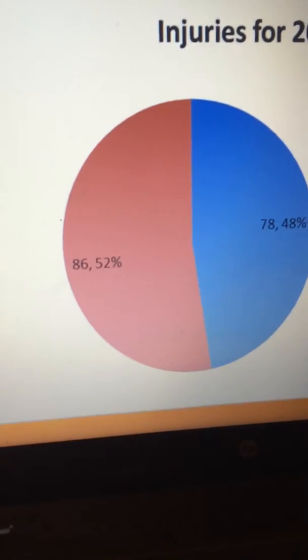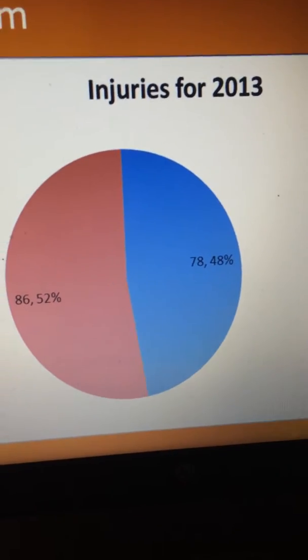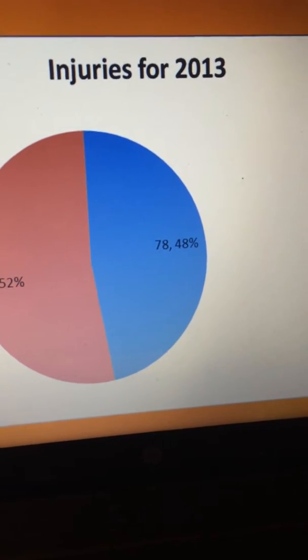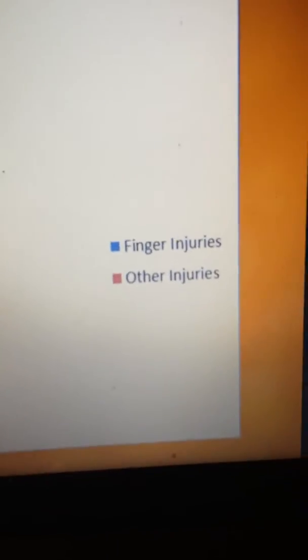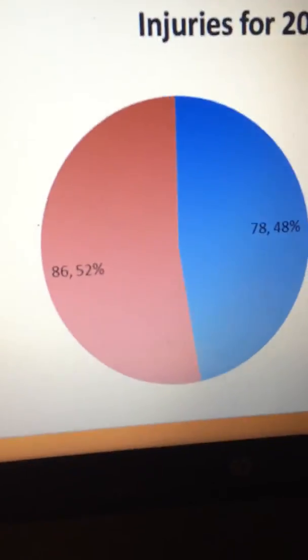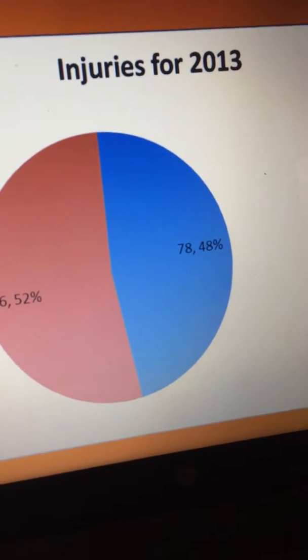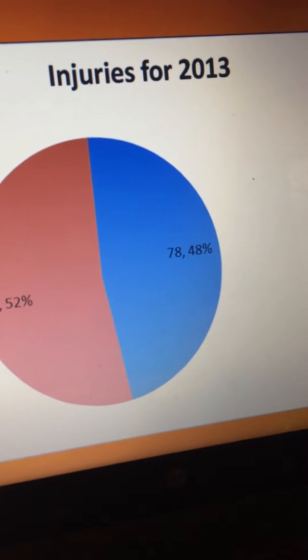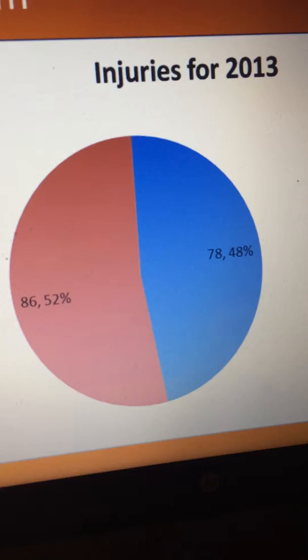If we look at 2013, out of 164 injuries for the year, 48% of them, almost half, were finger injuries or finger related injuries, however you want to call it, which is very interesting, and it's a huge trend. So yeah, I found that trend pretty quickly when I was manipulating that data through Spotfire.